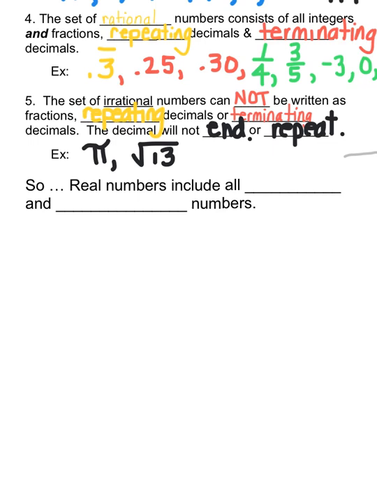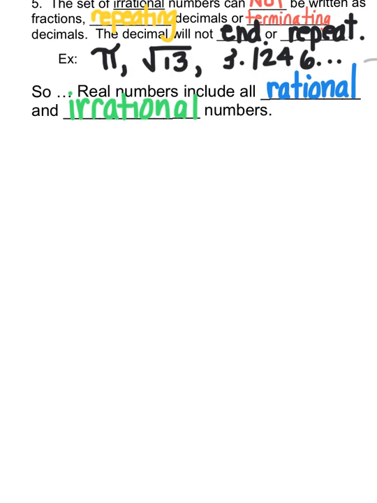Therefore, it is an irrational number. Some numbers are written as decimals, however, they don't repeat themselves. And if they do not end and they do not repeat, they are irrational numbers. Real numbers include all rational and irrational numbers.